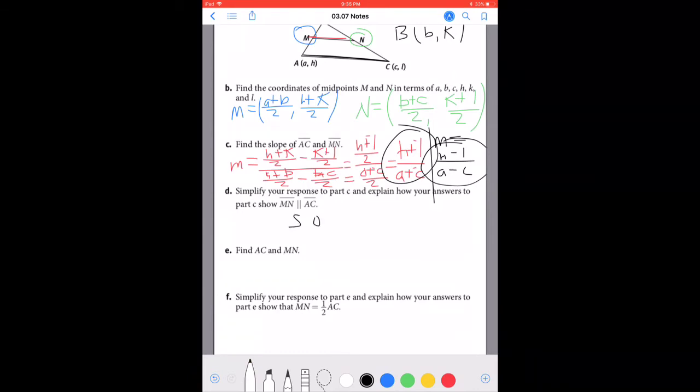So since slopes are the same, the lines are parallel.